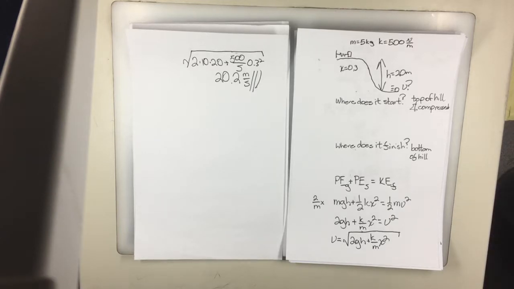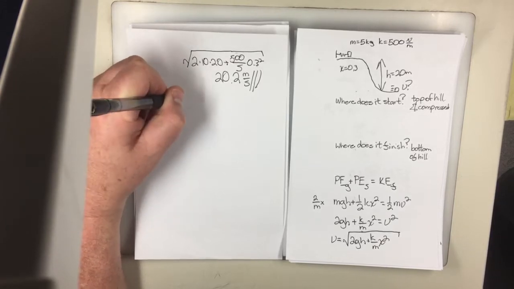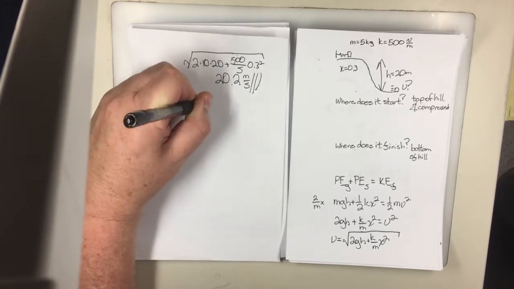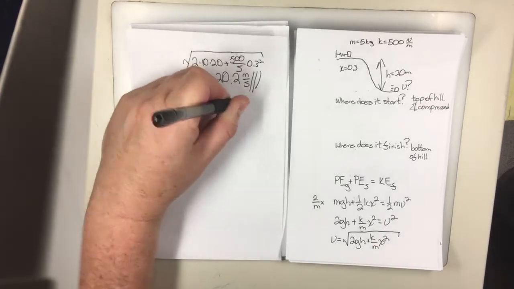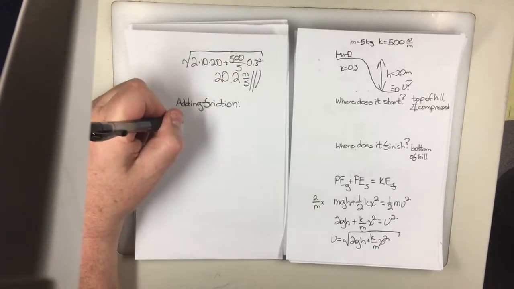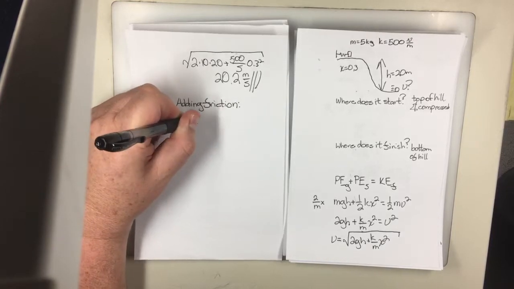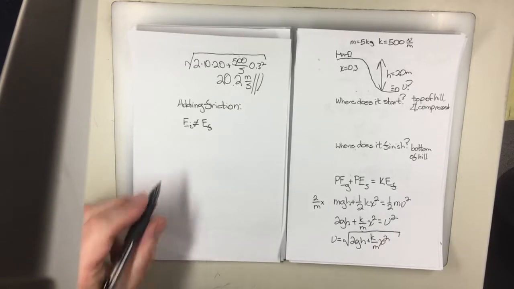Now, what does have to be considered about the middle is when we add the idea of friction. Boo, friction. So when you're adding friction into the mix, the initial energy is not equal to the final energy.